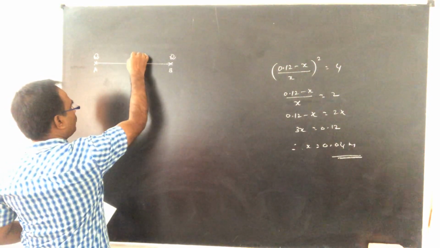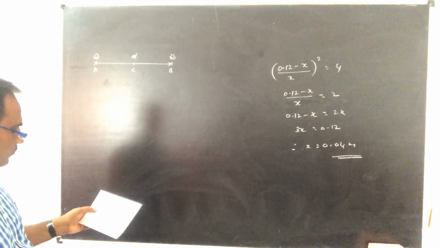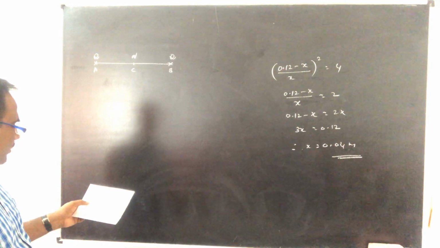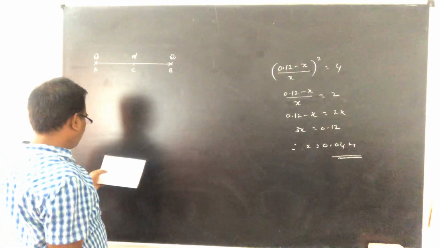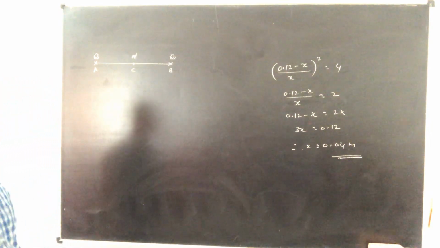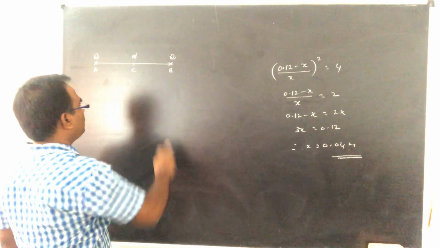Here another charge Q is kept. Now the question here is, if the system of these three charges is to be in equilibrium, what should be the value of this Q?